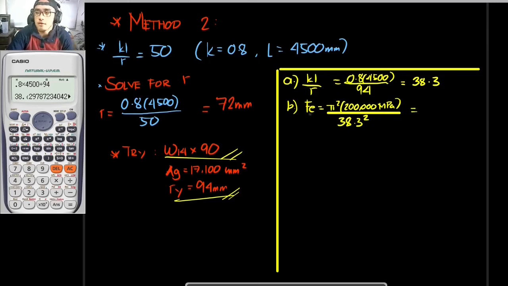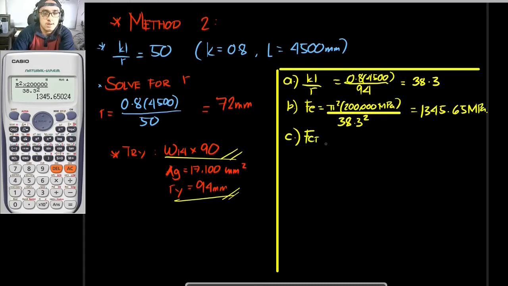Solving for Fe, pi squared times 200,000 divided by 38.3 squared, that is 1345.65 megapascals.